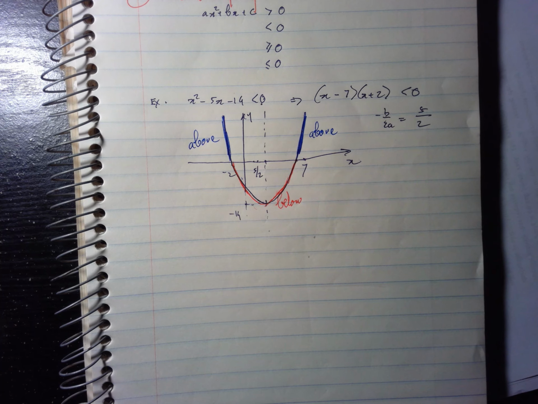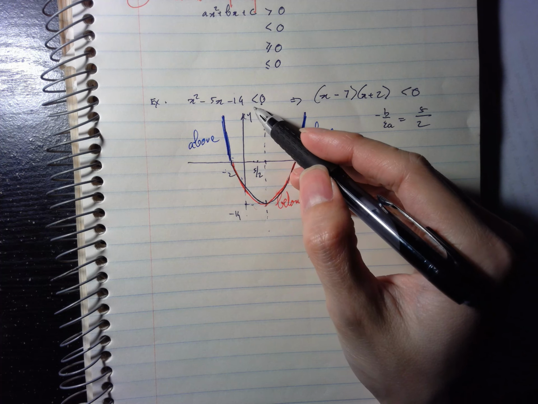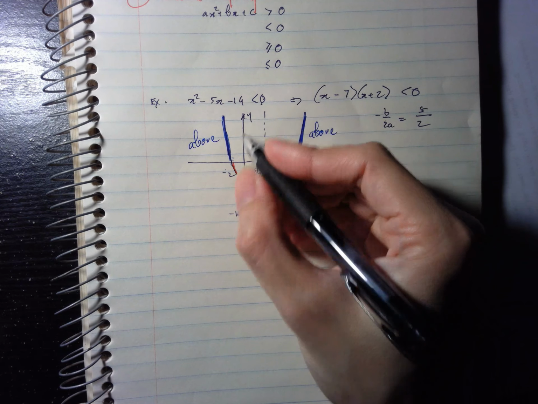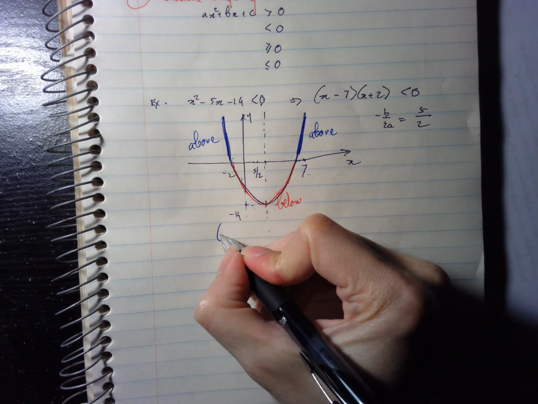And we want to find all the intervals that make the function below. So what could it be? It must be from -2 to 7, right? And we cannot use brackets because this is less than, with no equal sign here. So the solution for this will be -2 to 7.